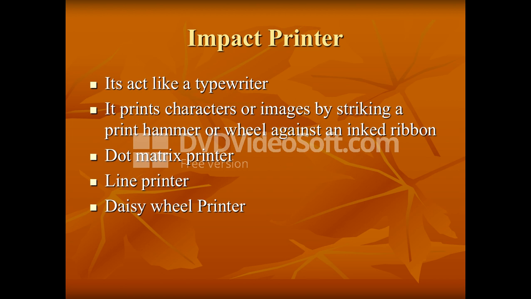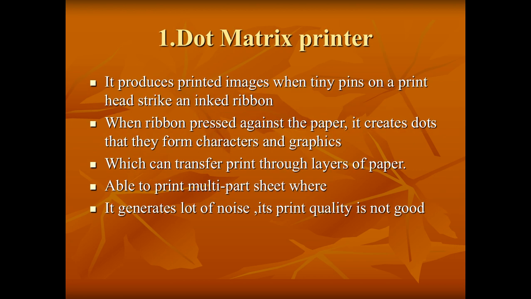A dot matrix printer produces printed images when tiny pins on the print head strike an ink ribbon. When the ribbon presses against the paper, it creates dots that form characters and graphics, which can transfer through layers of paper.